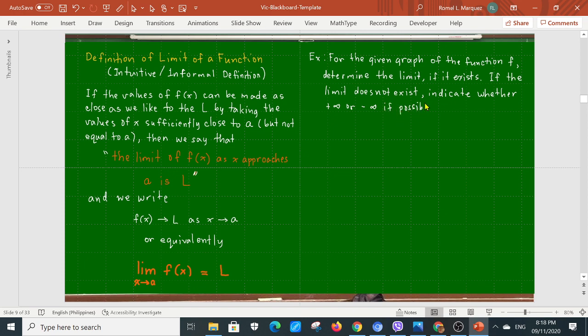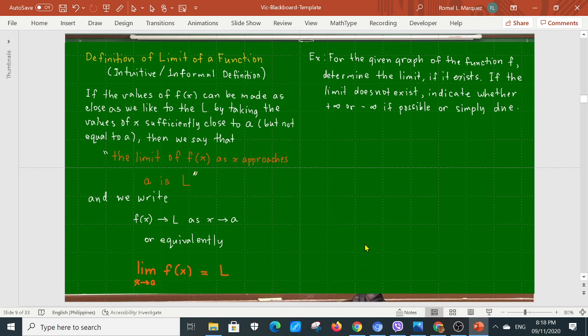If you can write it, just one symbol, negative infinity or positive infinity, if possible. Or simply, if not, does not exist. D-N-E. Okay?